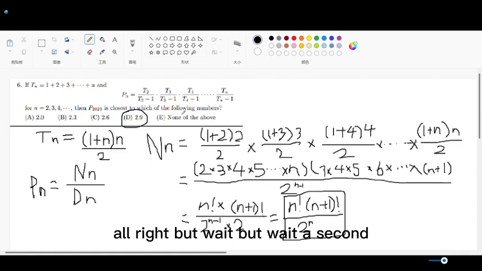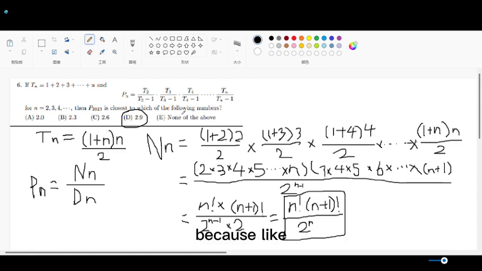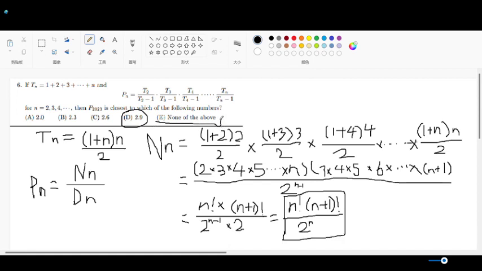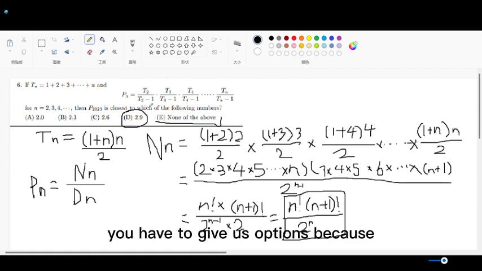Alright, but wait a second. It's actually none of the above, because wait, this question is flawed. It's not closest to any of these, but they didn't even specify what closest means. This option simply being there contradicts the problem, because when you ask for a number closest to something, you have to give us options.